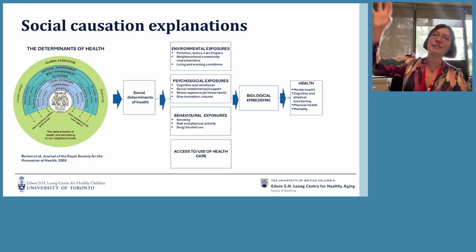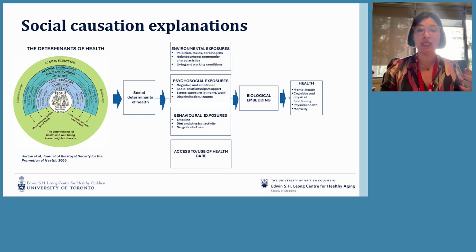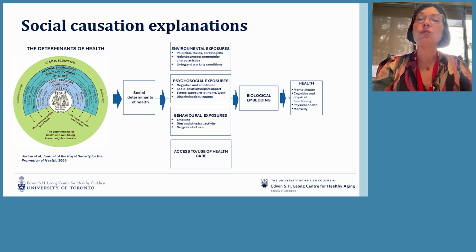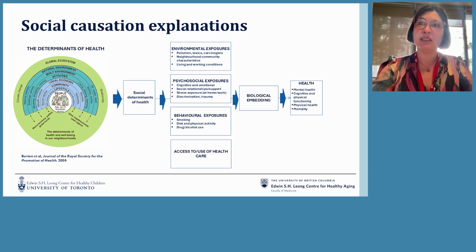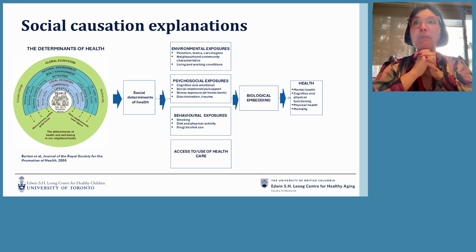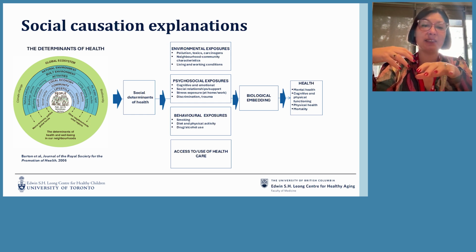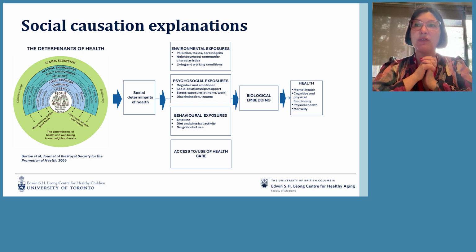And these can be classified as environmental exposures, such as exposure to pollution, environmental factors at the neighborhood level, or living and working conditions; psychosocial exposures, such as cognitive and emotional support, social relationships, exposure to stress or exposure to discrimination and trauma; and behavioral exposures such as smoking, diet and physical activity, drug and alcohol use, and access to and use of healthcare.